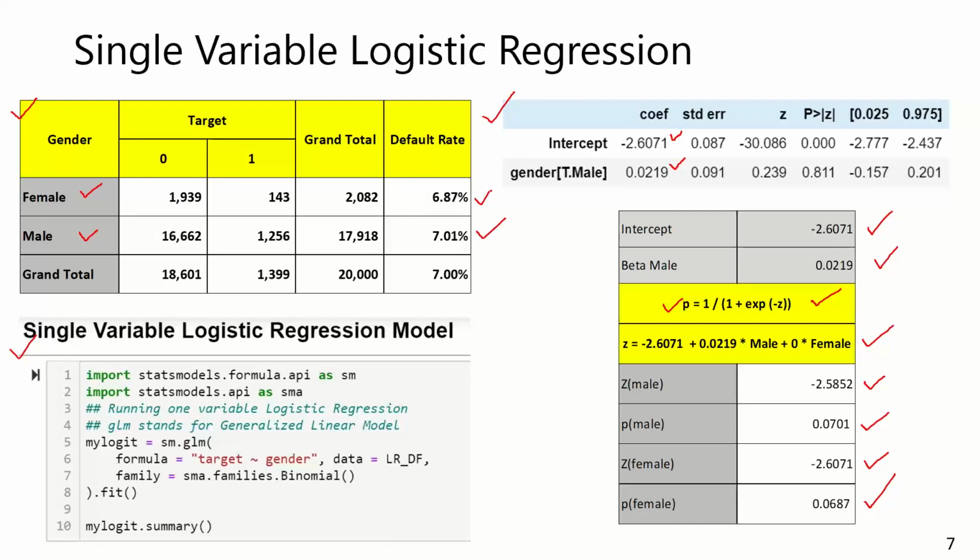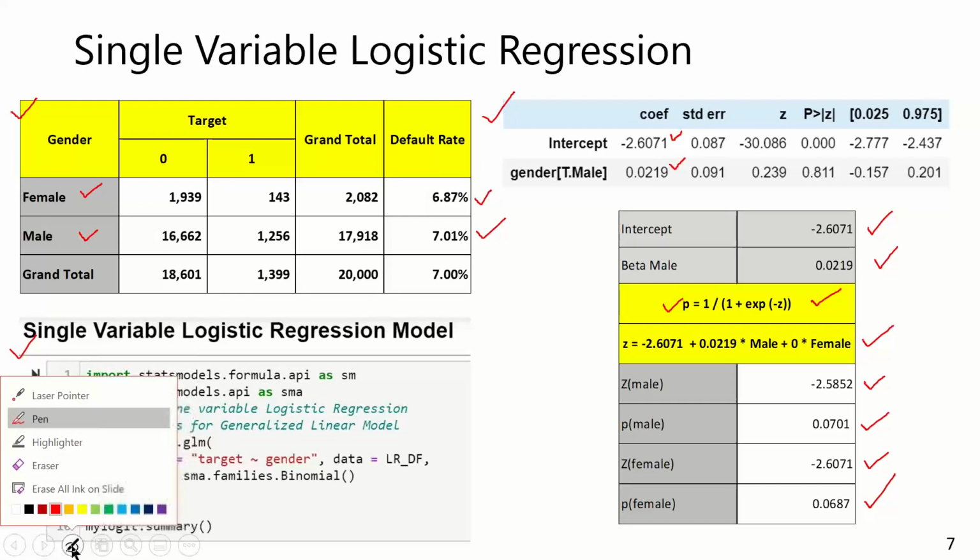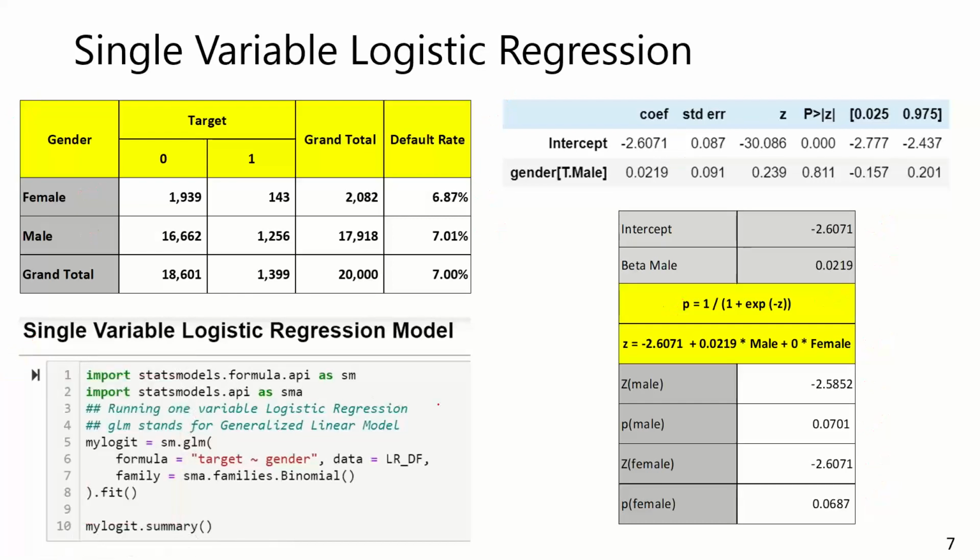So the point is, with one variable I have explained how the regression equation has captured the probability into a model, into an equation, and when I solve that equation, I can get the default rate. I hope this simple calculation helps you understand how logistic regression has captured the probability of default in the model.